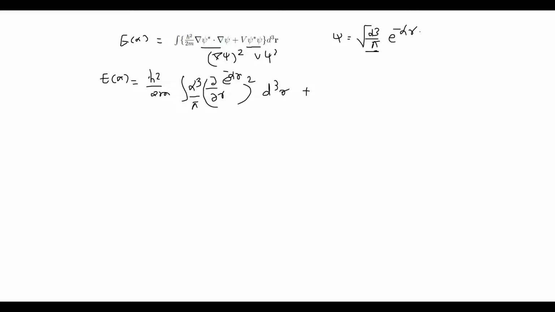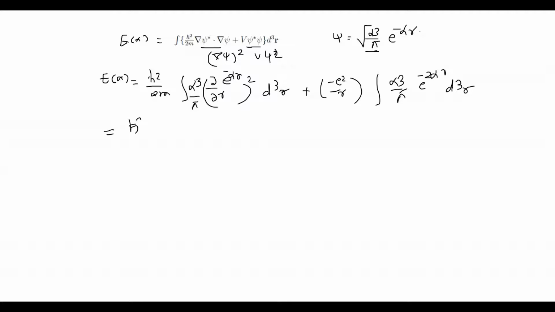Plus, now what is V for the ground state of the hydrogen atom? Minus e square by r, the electrostatic potential, and alpha cube by pi e raised to minus 2 alpha r, since we are taking psi square over here, dq bar. You know what dq bar is: 4 pi r square dr.